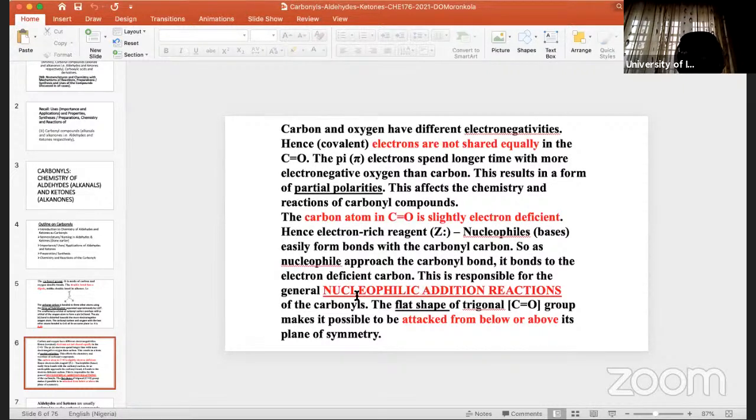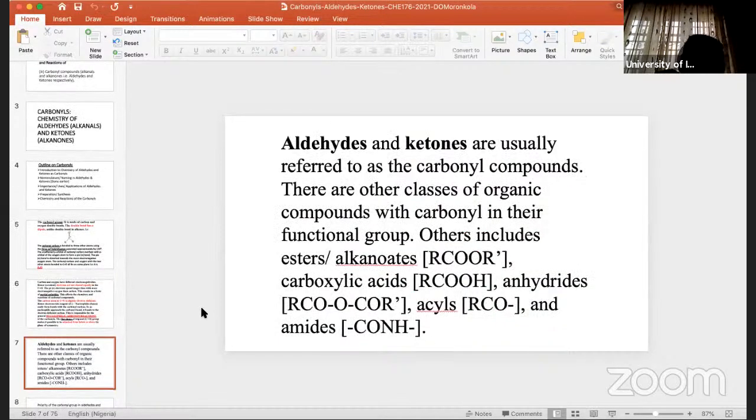And that is why reactions peculiar to these carbonyl compounds are referred to as nucleophilic addition reactions, because a nucleophile attacks the electron deficient carbon of the carbonyl, and that's where the reaction commences from. Actually, the flat shape is trigonal, like I said earlier, so the attack would be from below or above the plane of symmetry of the molecule.